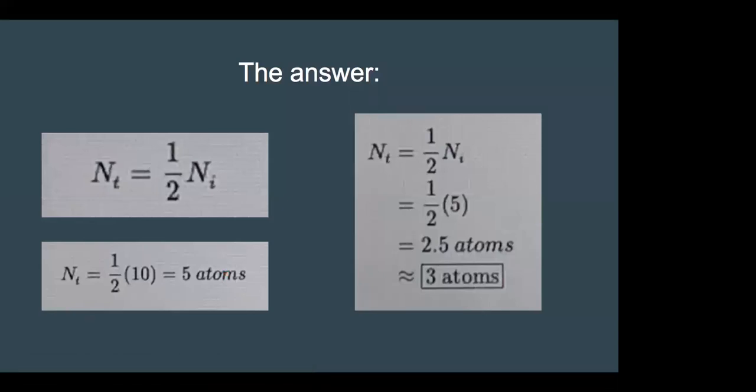Now when we have an existing Ni equal to 5 items after another half-life has passed, we can solve for the remaining amount. Similarly, Nt equal to 1/2 Ni equal to 1/2 times 5. So we get 2.5, and it's almost 3 items left.